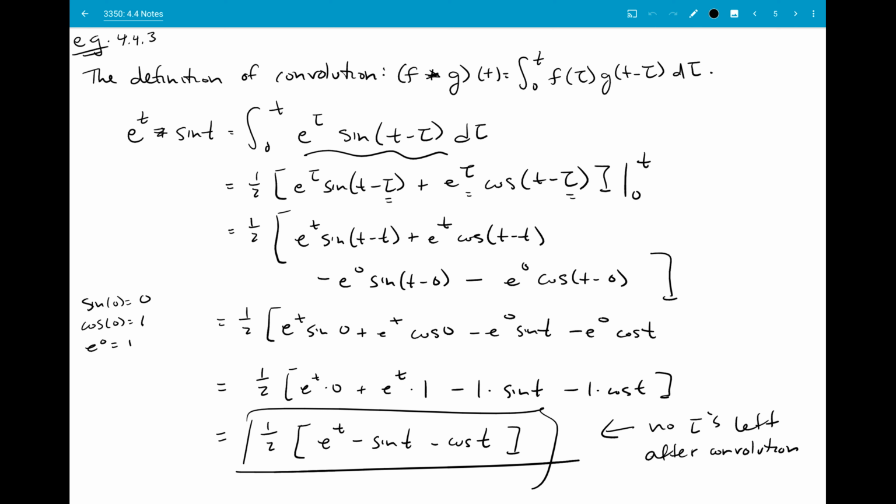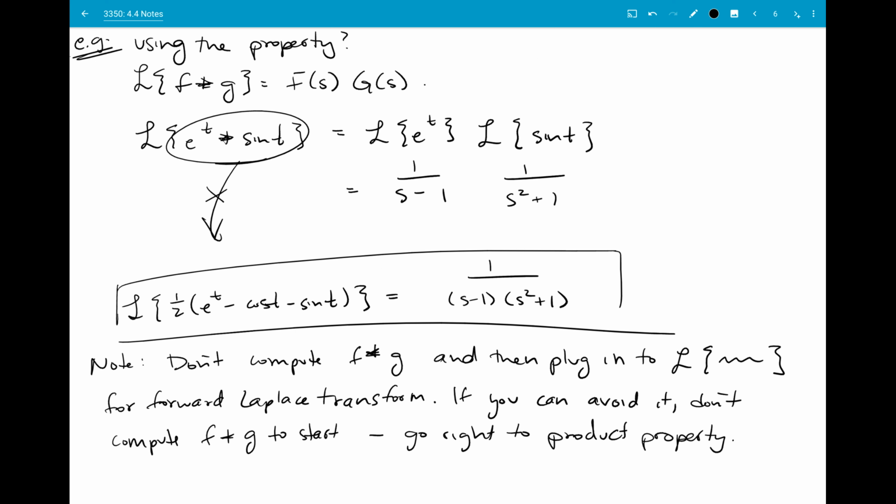Somebody's going to treat it like multiplication anyhow. Please don't do that. If you treat it like multiplication inside your Laplace transform, it actually makes your job quite difficult. It's convolution, it's something different, and it means that strange integral property, which most of the time you don't even need to know. You just need to know that it's not multiplication.